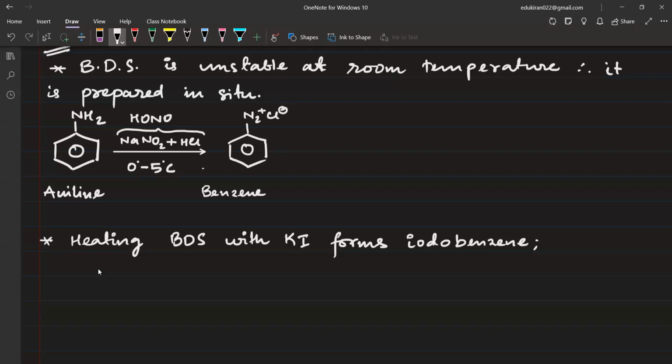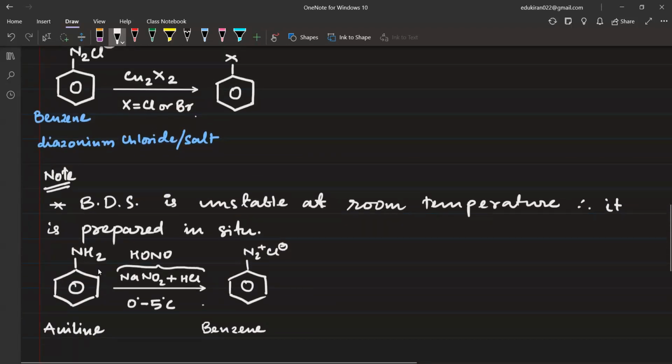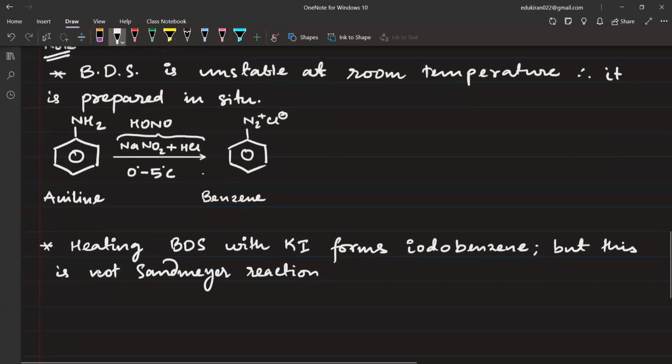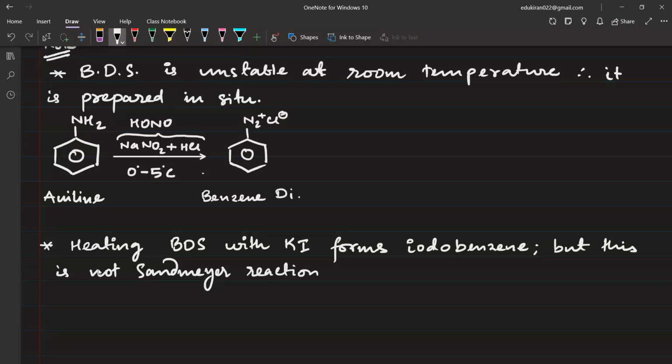But please remember, this is not the Sandmeyer reaction. In the Sandmeyer reaction, the reagents are Cu2Cl2 and Cu2Br2. These are the only two reagents in the Sandmeyer reaction.